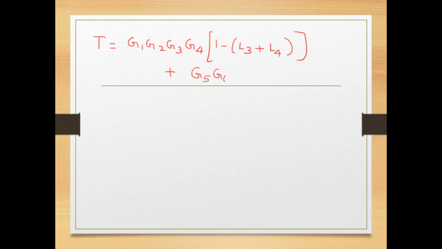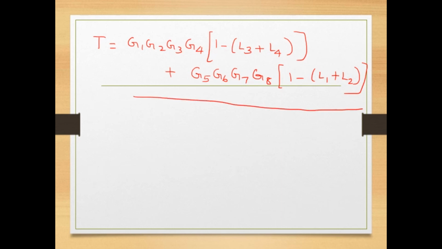So we write T is equal to P1. P1 is G1, G2, G3, G4 into delta 1. Delta 1 is 1 minus L3 plus L4, plus P2 delta 2. P2 is G5, G6, G7, G8 into 1 minus L1 plus L2, which is delta 2, divided by delta.